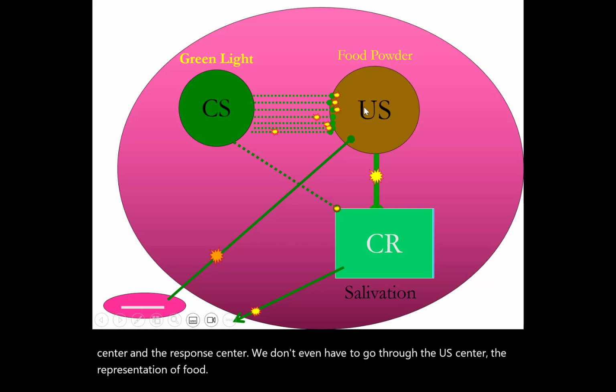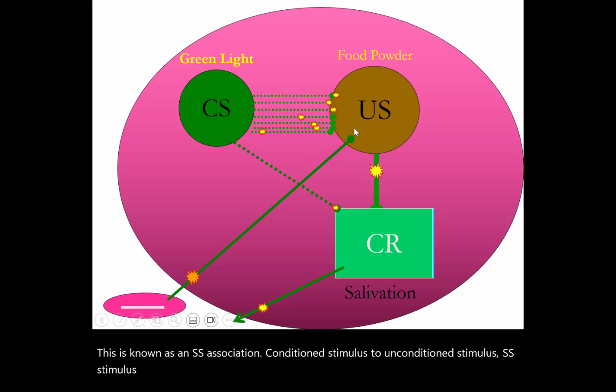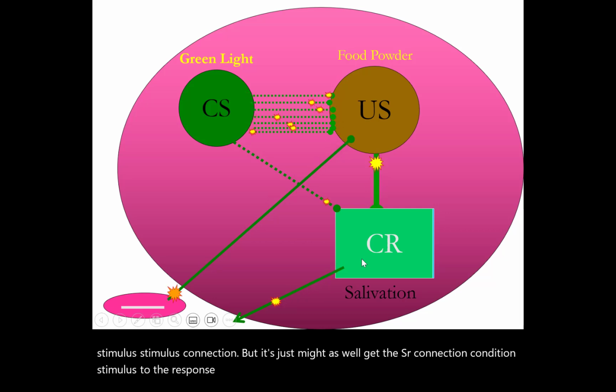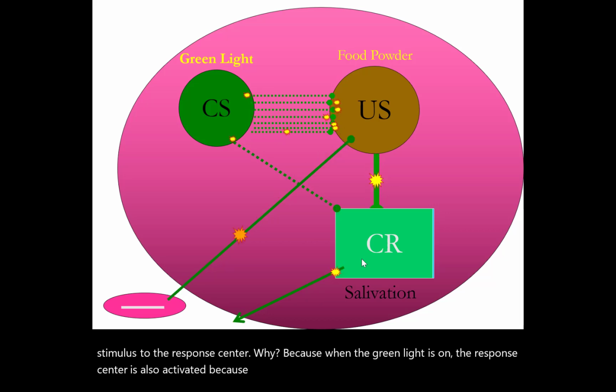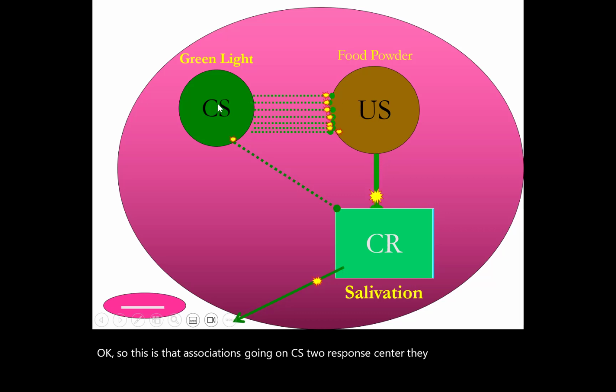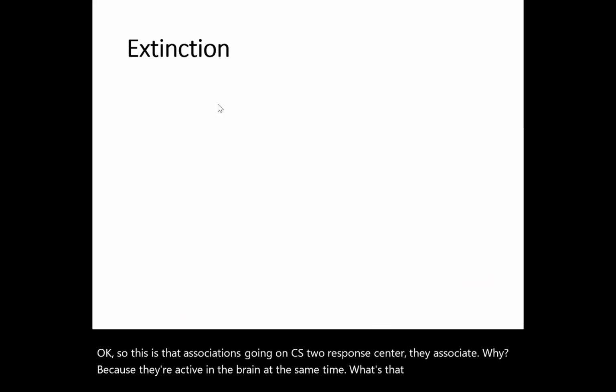This is known as an S-S association, conditioned stimulus to unconditioned stimulus, stimulus-stimulus connection. But it's just, might as well get the S-R connection, conditioned stimulus to the response center. Why? Because when the green light is on, the response center is also activated because the animal during training is getting food. Okay, so this is that association going on. CS to response center. They associate. Why? Because they're active in the brain at the same time. What's that called? Temporal contiguity.